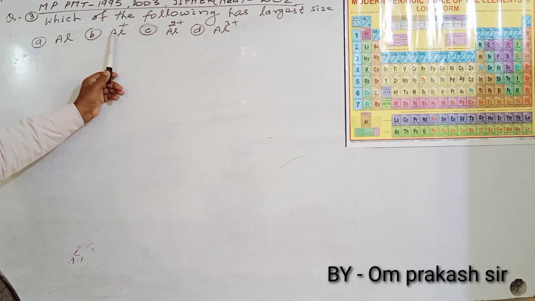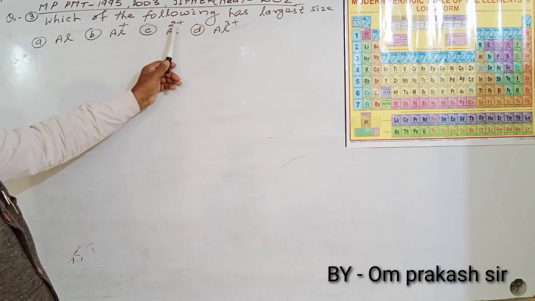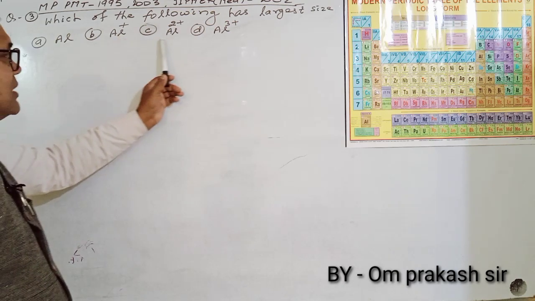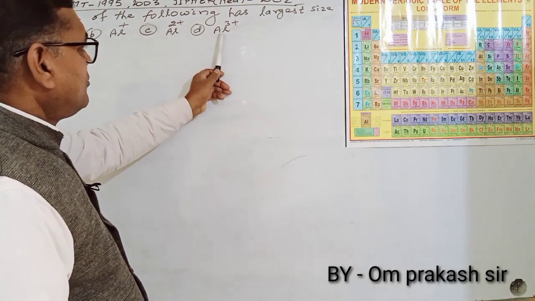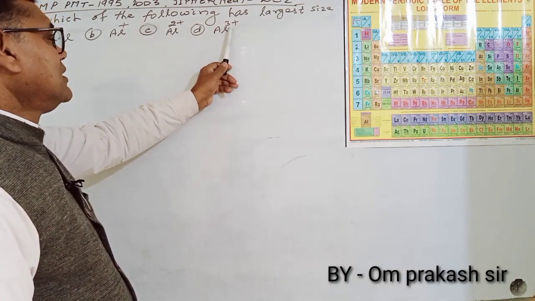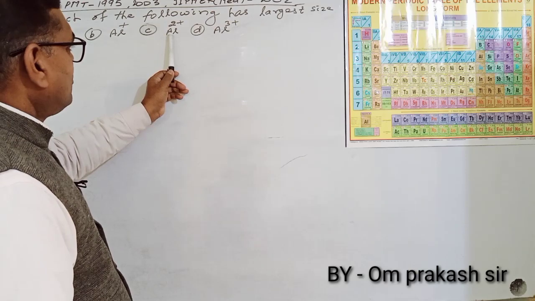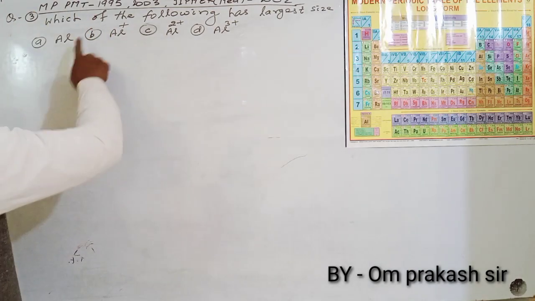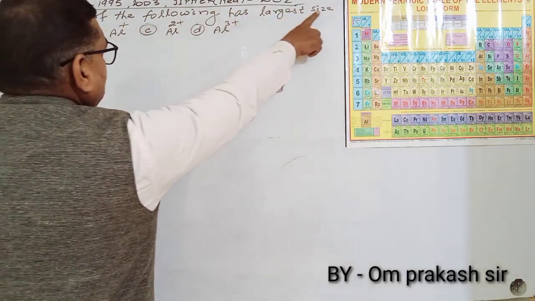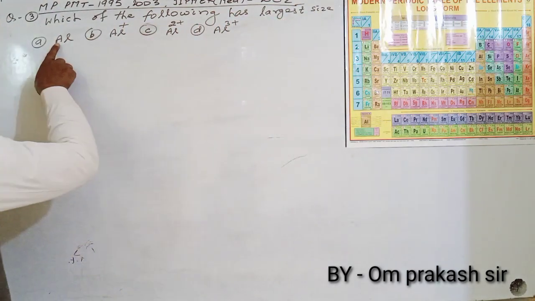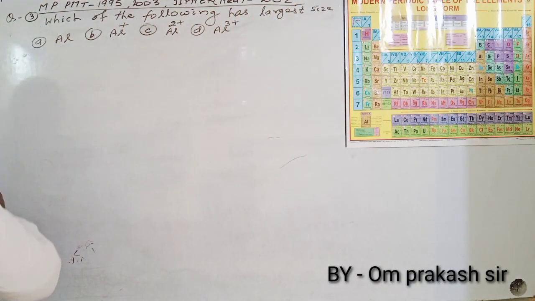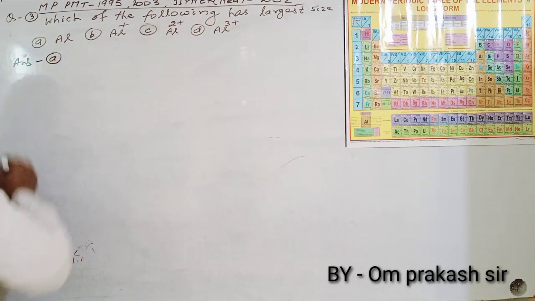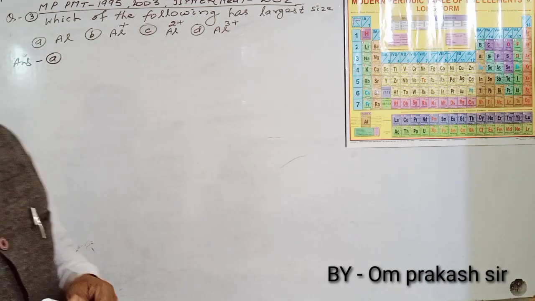The size of aluminium 2 positive charge is less than aluminium 1 positive charge, and the size of aluminium 3 positive charge is smaller than aluminium 2 positive charge. Option A is correct.